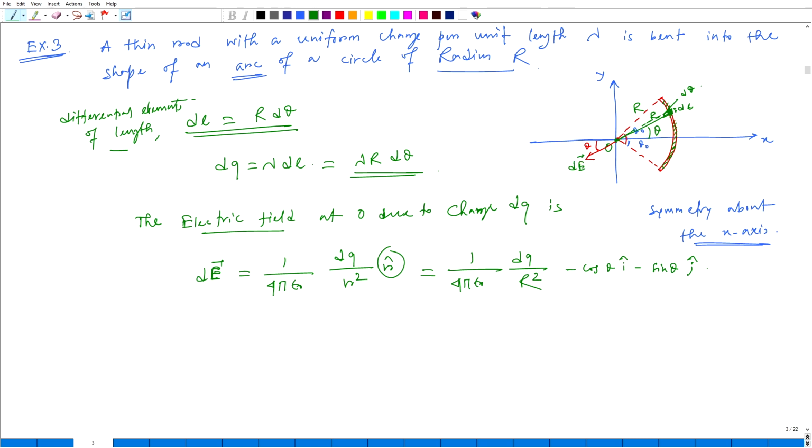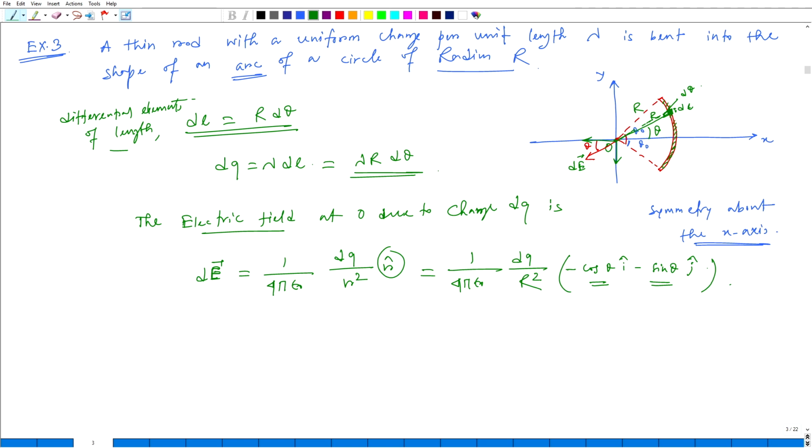Both components are in negative directions. In the j cap direction is the sin theta component, and in the i cap direction cos theta. I hope it is clear now.